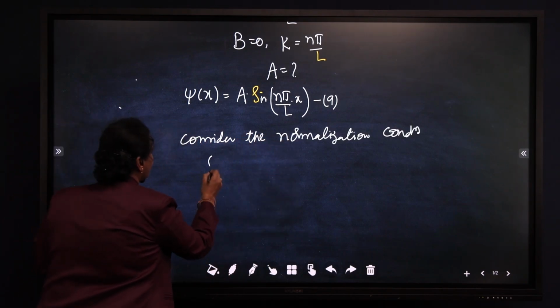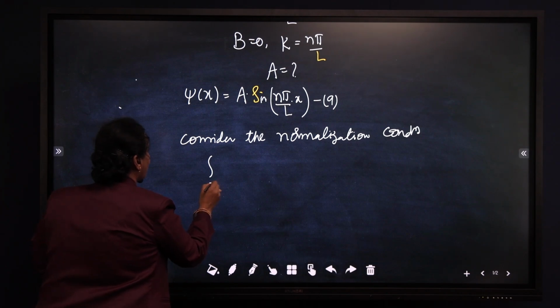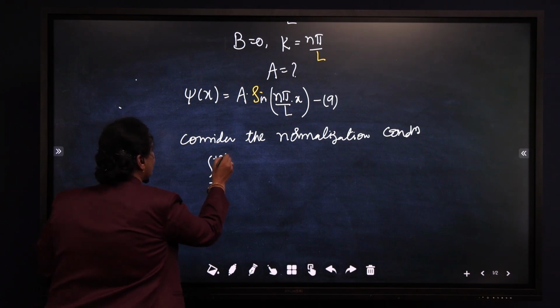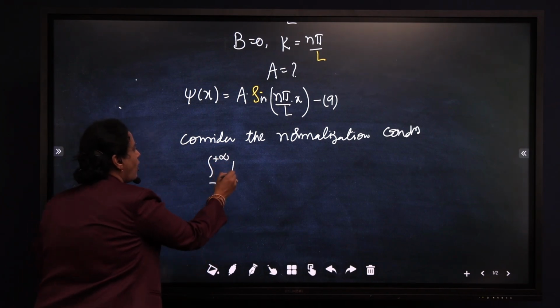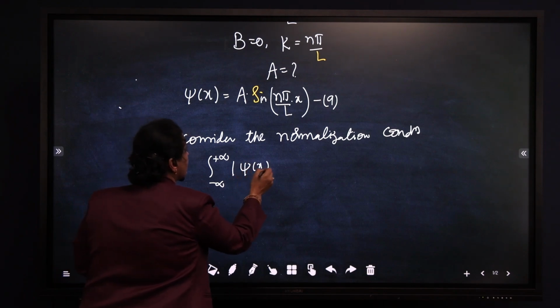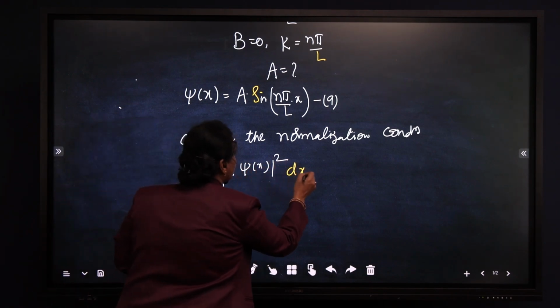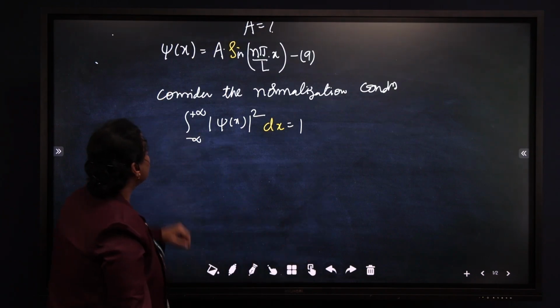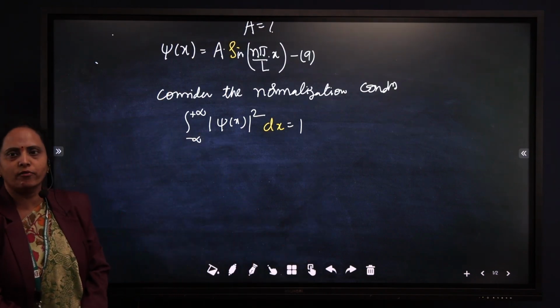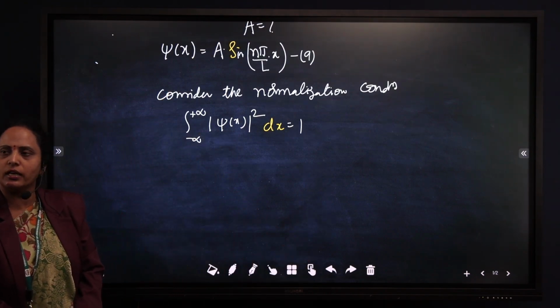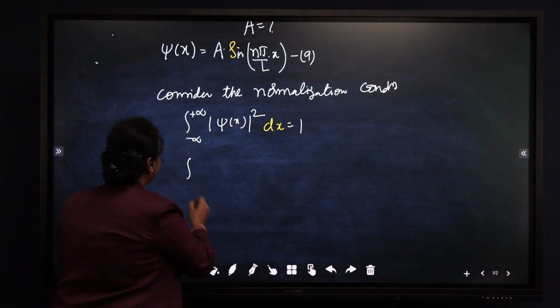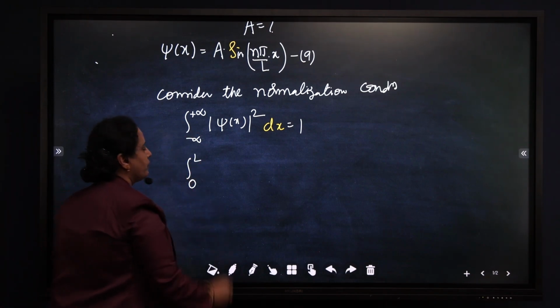The normalization condition is integration from minus infinity to plus infinity of mod of psi of x whole square into dx is equal to 1. But here, for a particle in a one dimensional box, our limits are 0 to L.